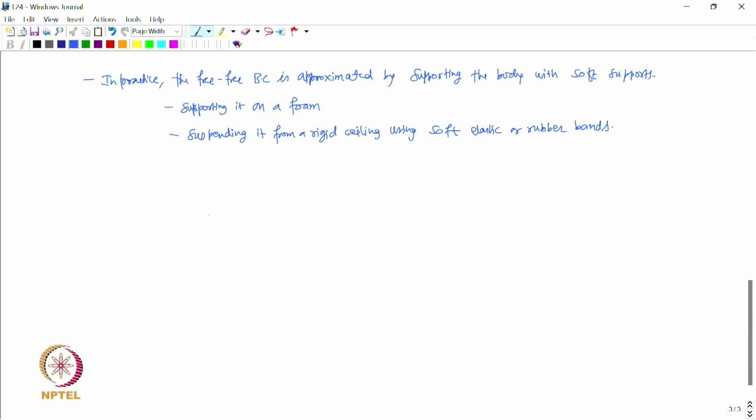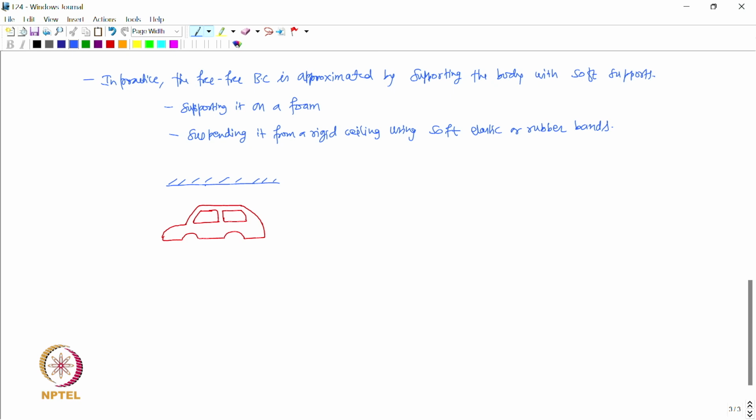So, as an example, let us say we have this car body like this, and let us support it using soft elastic bands like this.